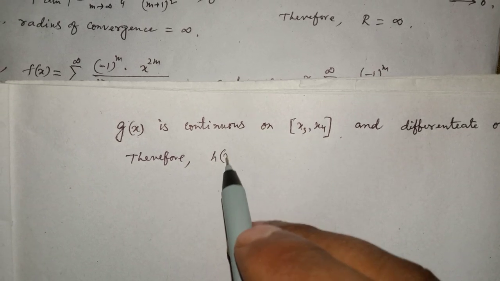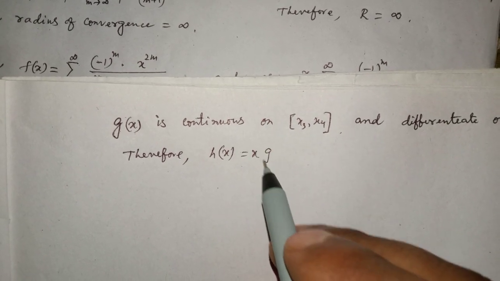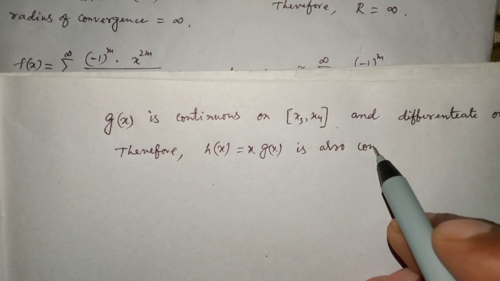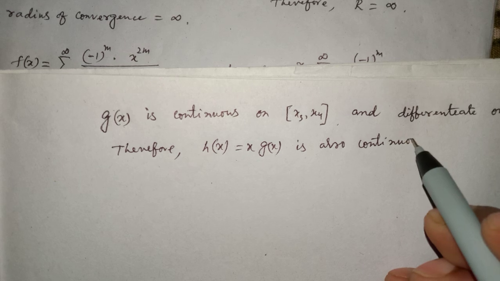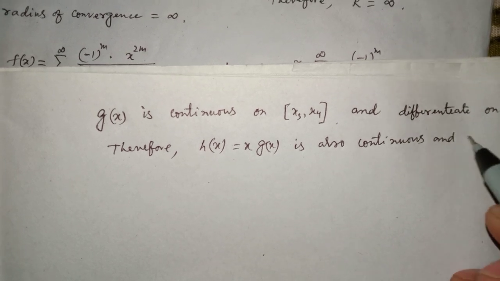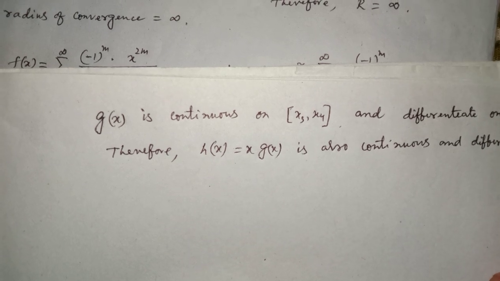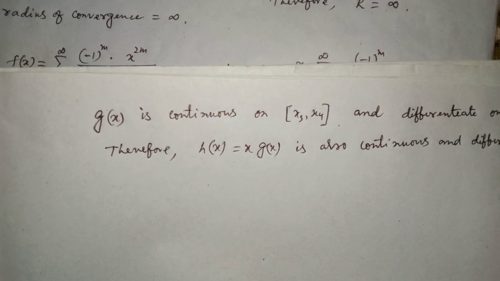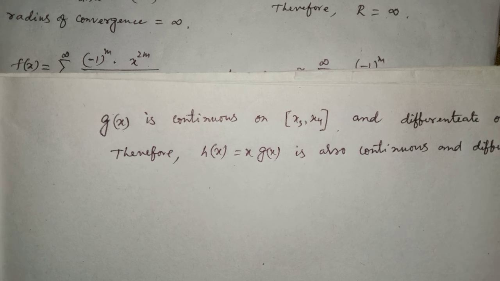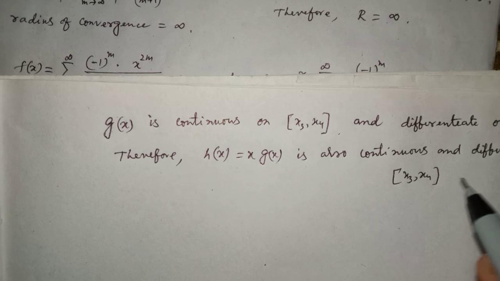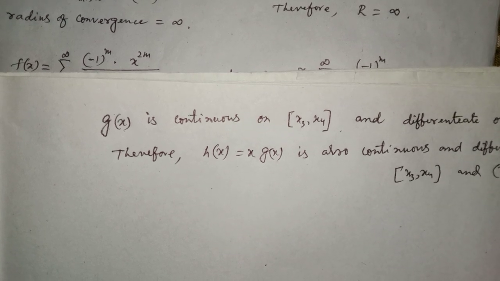Therefore h of x is equal to x g of x is also continuous and differentiable on x3 x4.